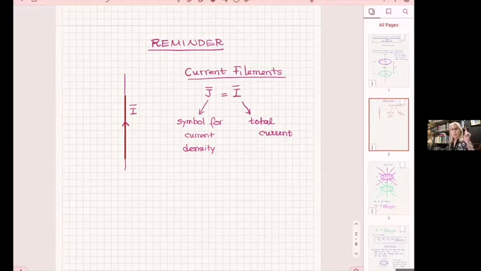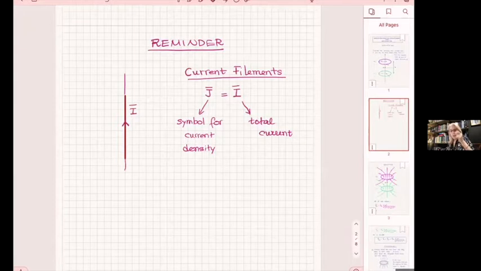You remember, we had point charges, we had charge densities. A charge density is used when there is a charge distribution on a surface or in a volume. A current filament is equivalent to a point charge, while a current density is used if the current is distributed. So we use total current if the current all goes through one point, for a current filament.